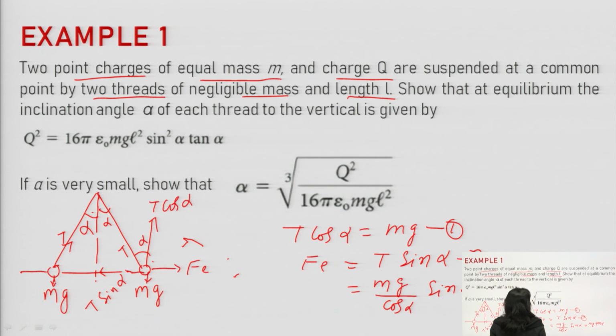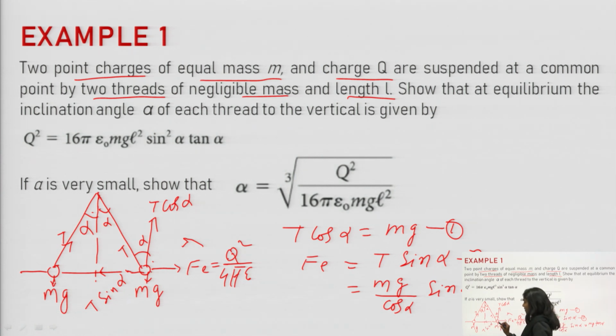Now we need to find the value of Fe. Fe is the electrostatic force between these two charges. The value of charge is given as q, so it will be Q1 Q2, which is q square, divided by 4 pi epsilon r square.